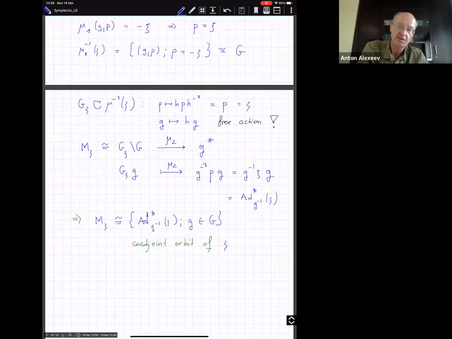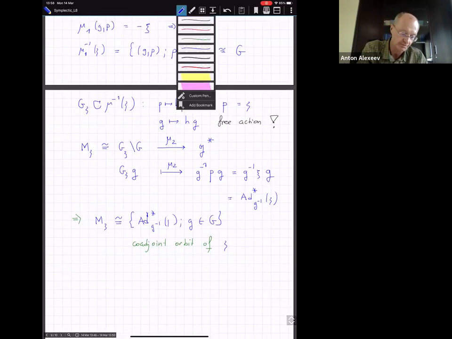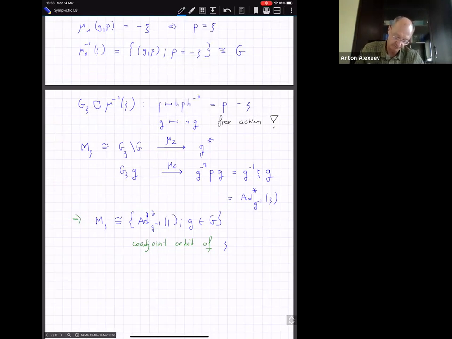Right, here is a conclusion from this example.